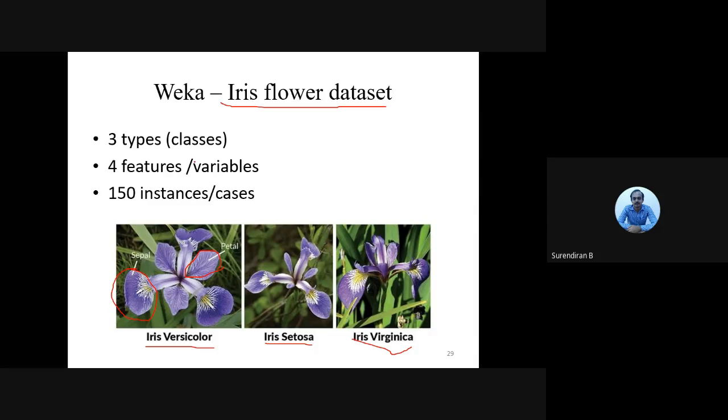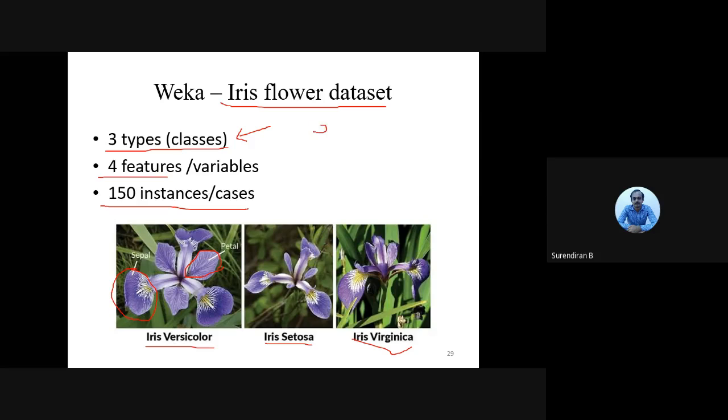So here we have 3 classes, and we have 4 features: petal length, petal width, sepal length, and sepal width. Under each category, we have 50 data available for each flower. Totally, we have 150 instances or cases.